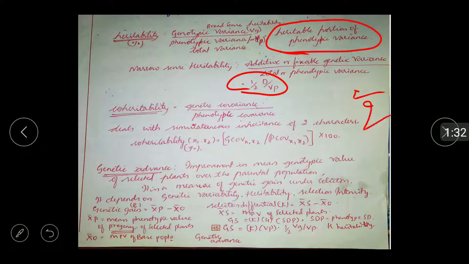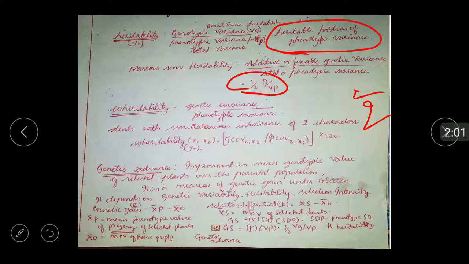We can study two characters, for example fruit length and fruit weight, or yield and number of fruits. Different characters can be studied simultaneously at a time.